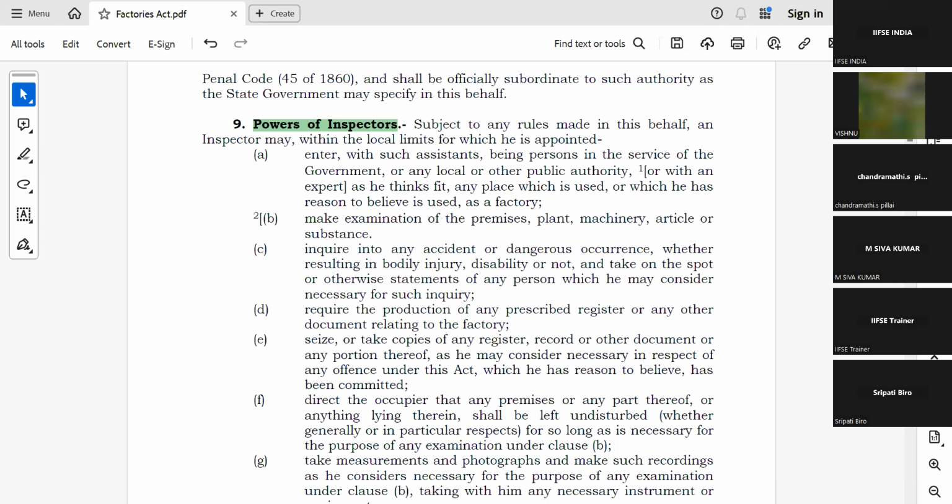So if you see the power of these guys, subject to any rule made in this behalf, an inspector may, within the local limits for which he is appointed, enter, with such assistance being persons in the service of the government or local or other public authority, or experts as he thinks fit, any place which is used or which he has reason to believe is used as a factory.